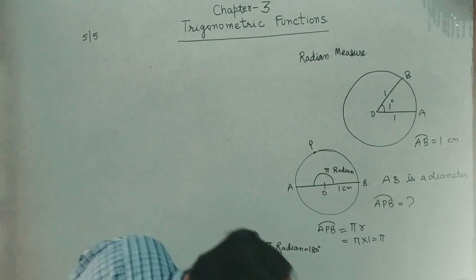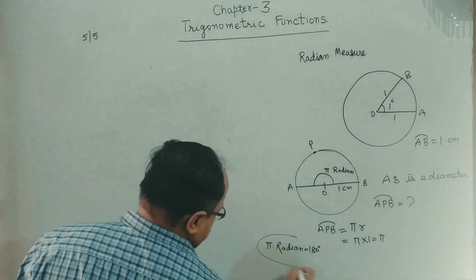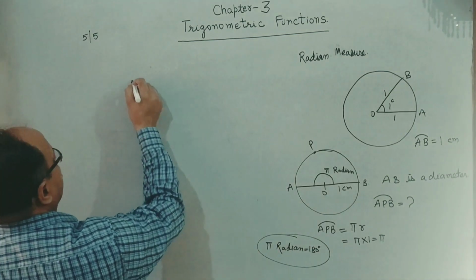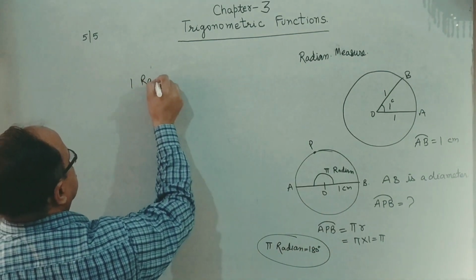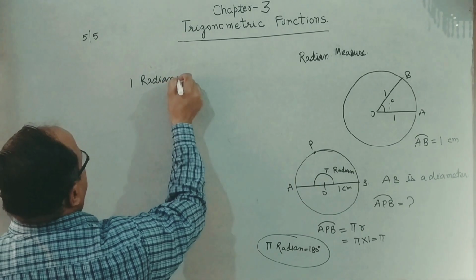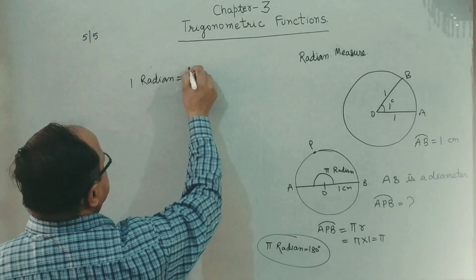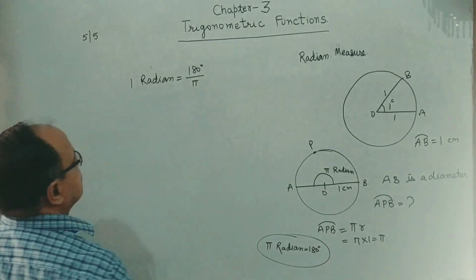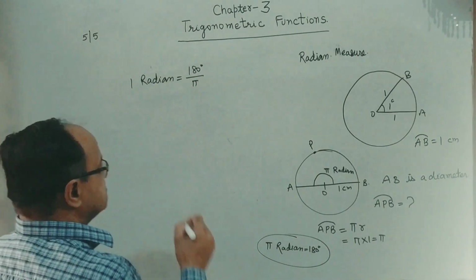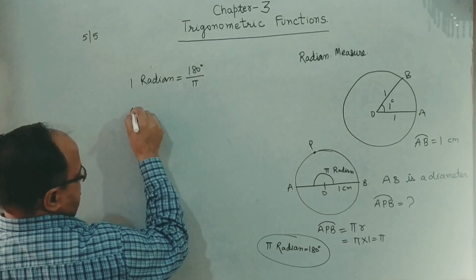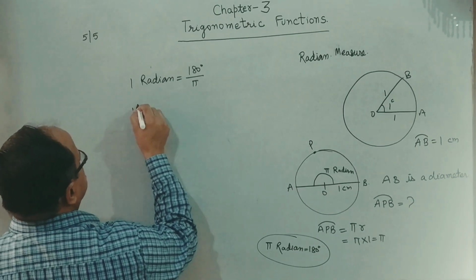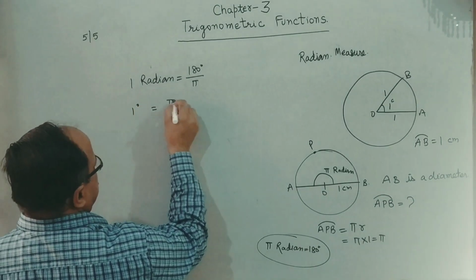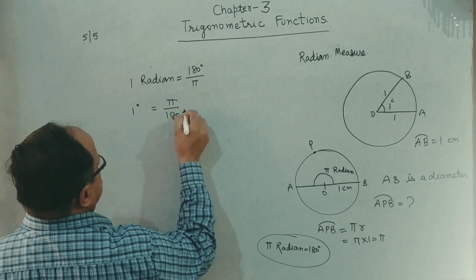And you know that if it is pi radian, so with the help of this, can you tell me 1 radian? 1 radian is equal to 180 by pi. 180 by pi, very important result. Or you can say 1 degree is equal to pi by 180 radian.